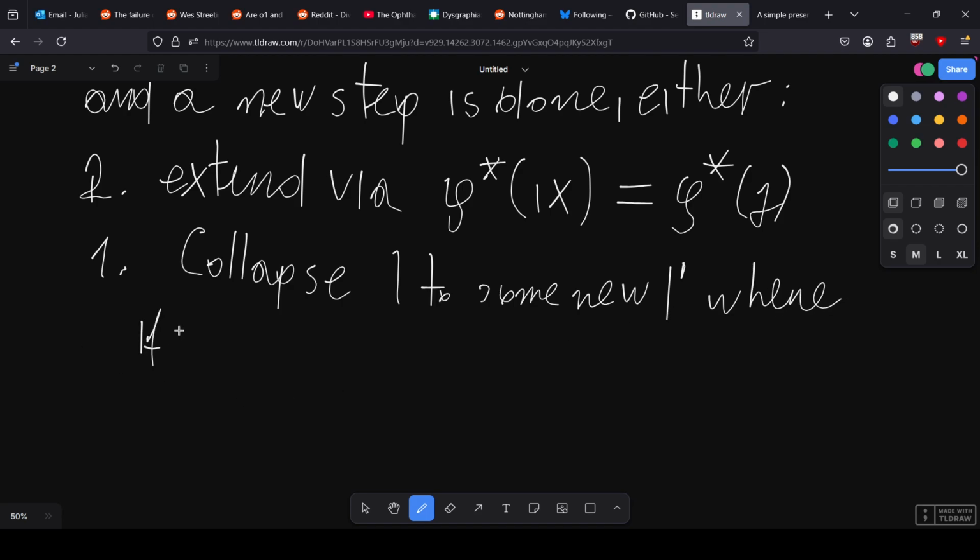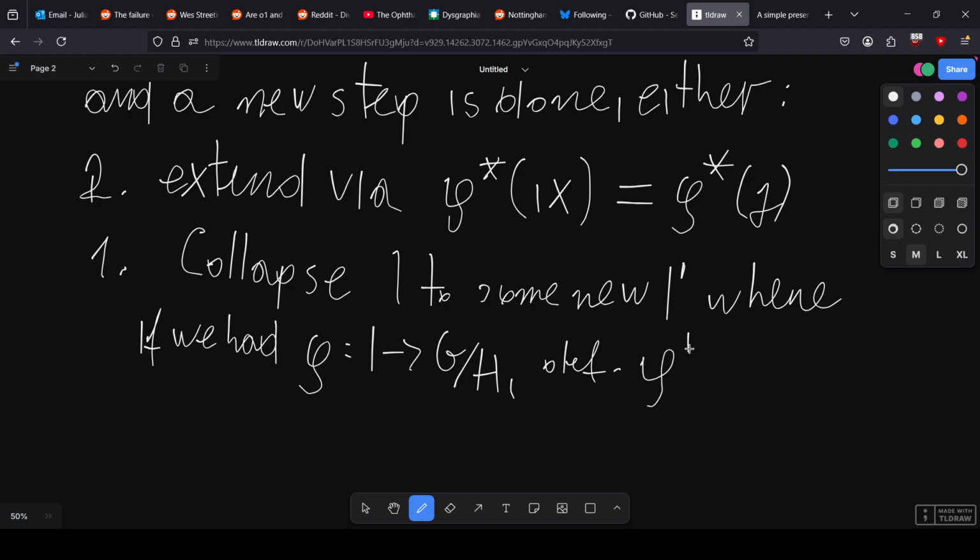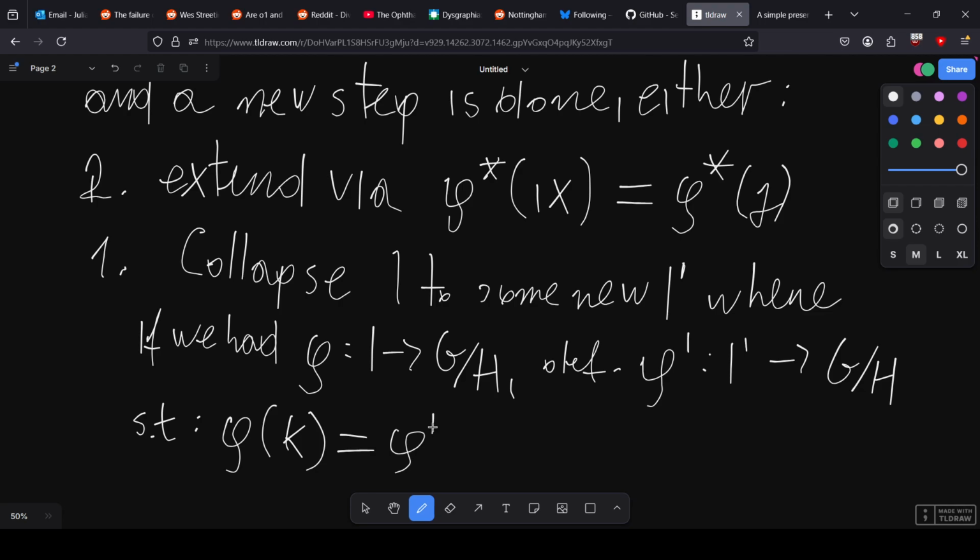Where, if we had phi of I into the cosets, we define a new phi prime from I prime into the cosets, such that if we have not collapsed K into something else, phi of K is equal to phi prime of K, and nothing new happens.